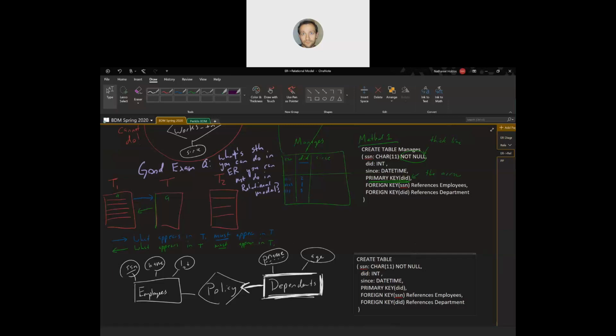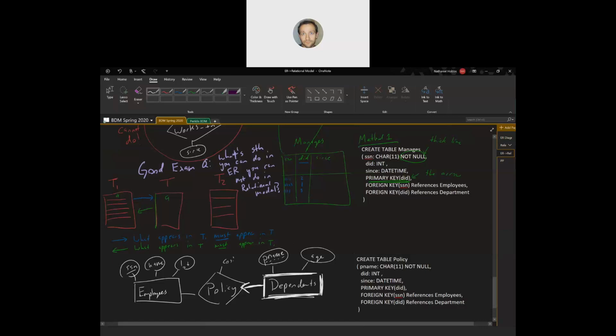Let's call it policy. So there's going to be a P name. Oh, sorry, I forgot one thing here. Policies cost money, unfortunately.